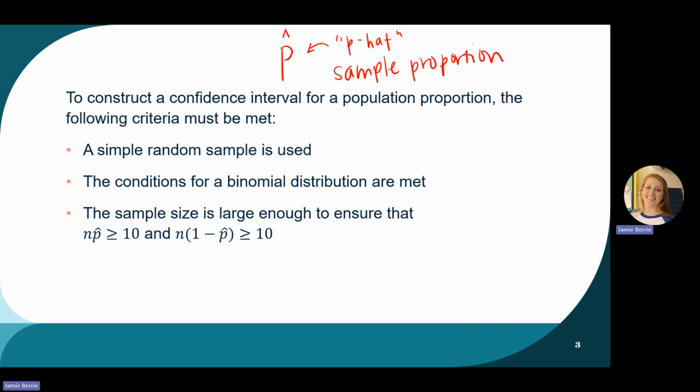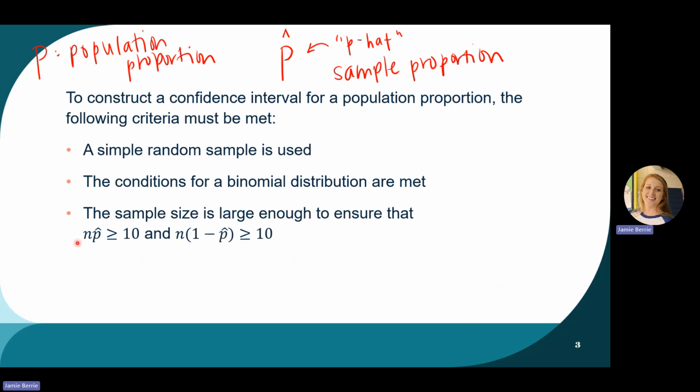Your book just uses P. So if you see just a P, then that's the population proportion, the symbol for population proportion. And then if you're talking about the sample proportion, they call that P hat. All right, so in order for your sample size to be sufficiently large, remember in the last section we said it just had to be 30 or larger.